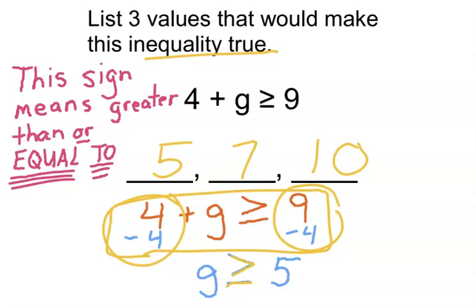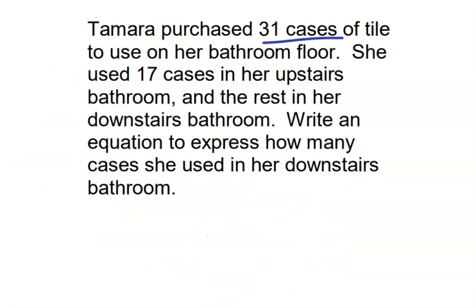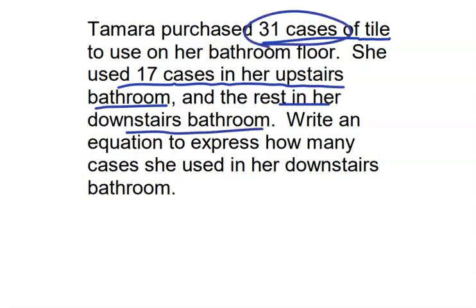Tamara purchased 31 cases of tile to use on her bathroom floor. She used 17 cases in her upstairs bathroom and the rest in her downstairs bathroom. Okay, so we know that the total is 31 cases, right? So we can put 31 as the answer. And then she used up 17 of the cases.